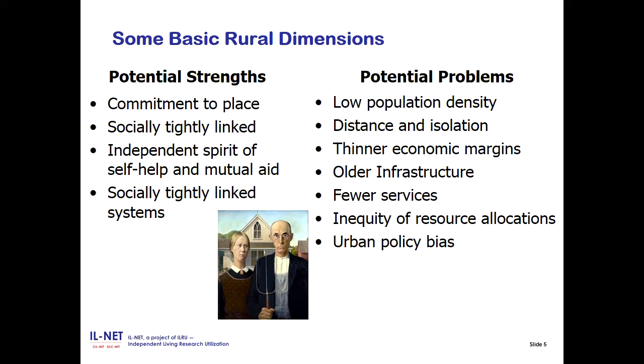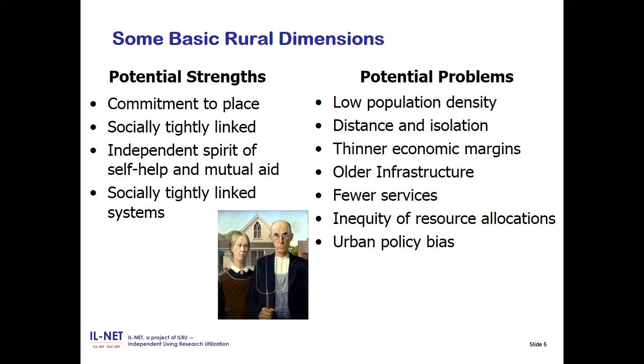So under potential strengths of rural communities, people have a commitment to place. They're often socially tightly linked. They have an independent spirit of self-help and mutual aid. And socially, like each of us individually, the systems are very tightly linked.